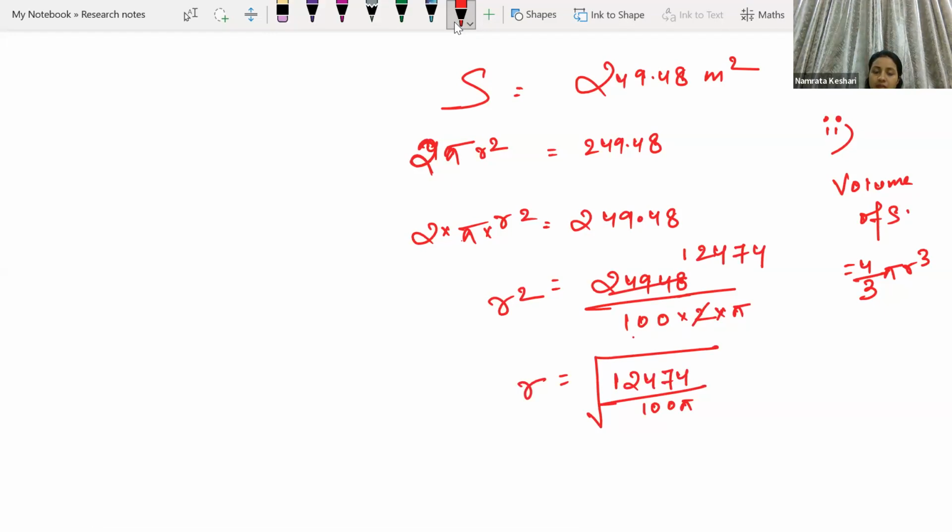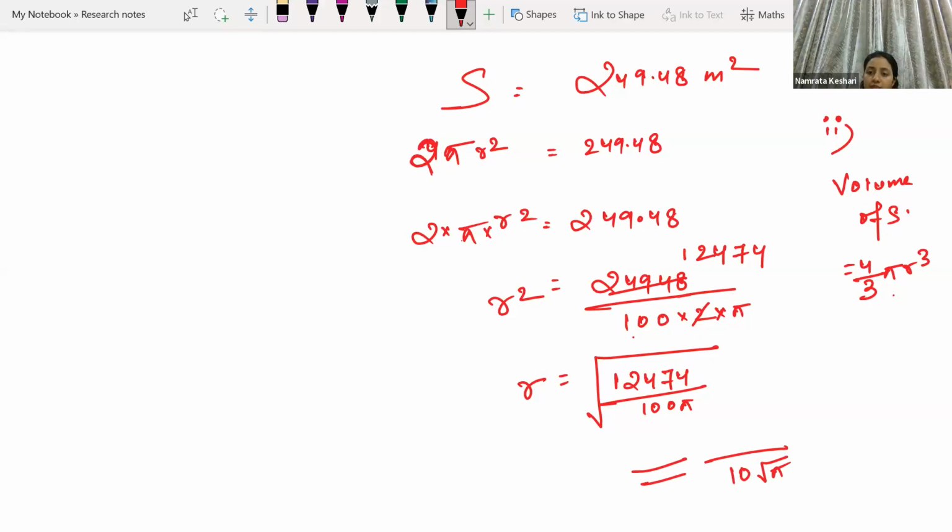Yes, ma'am. And you can check whether 12474 is a perfect square number or not. The r value will have 10 in the denominator and root pi will come. For now let me check whether this will help or not. Otherwise I will tell you to take the pi value as 22 by 7.